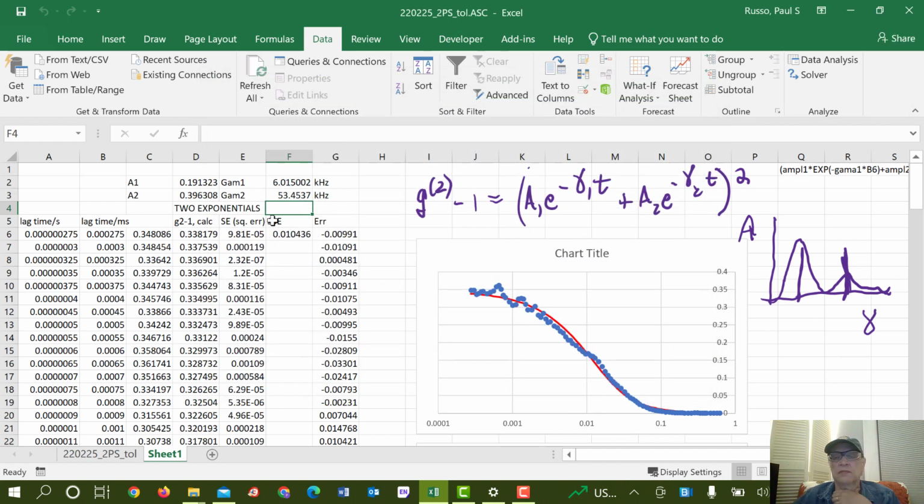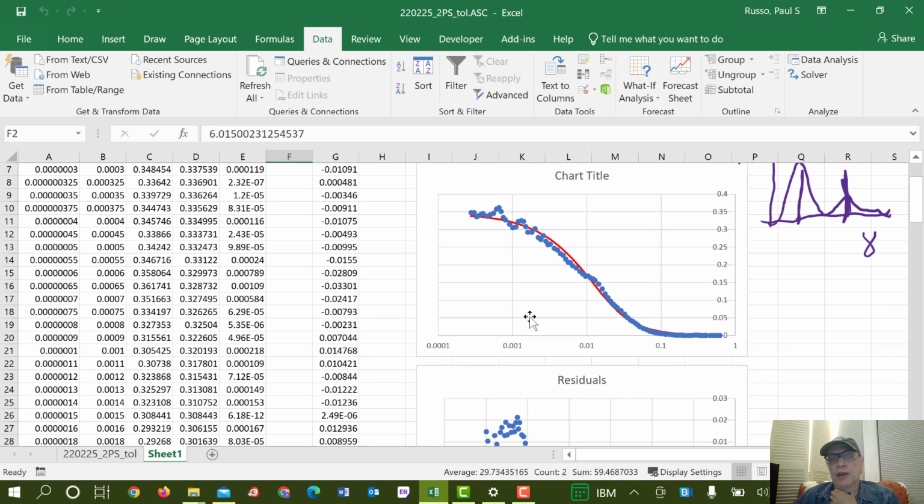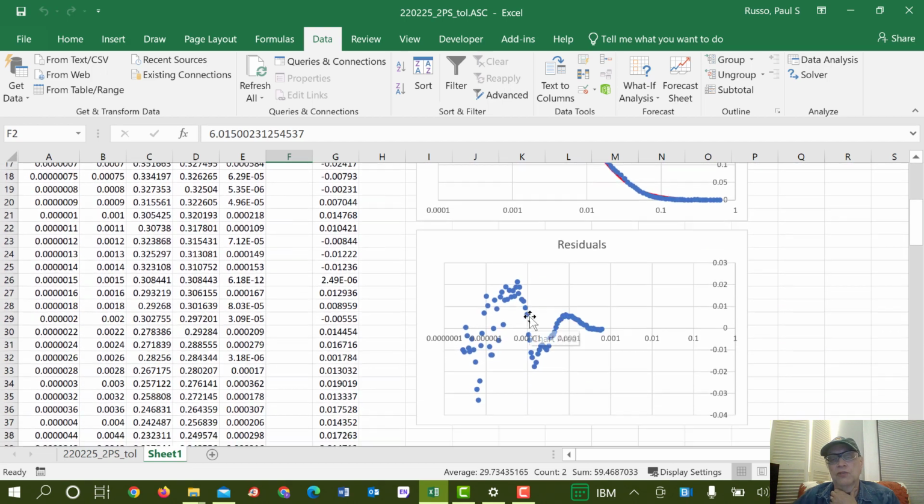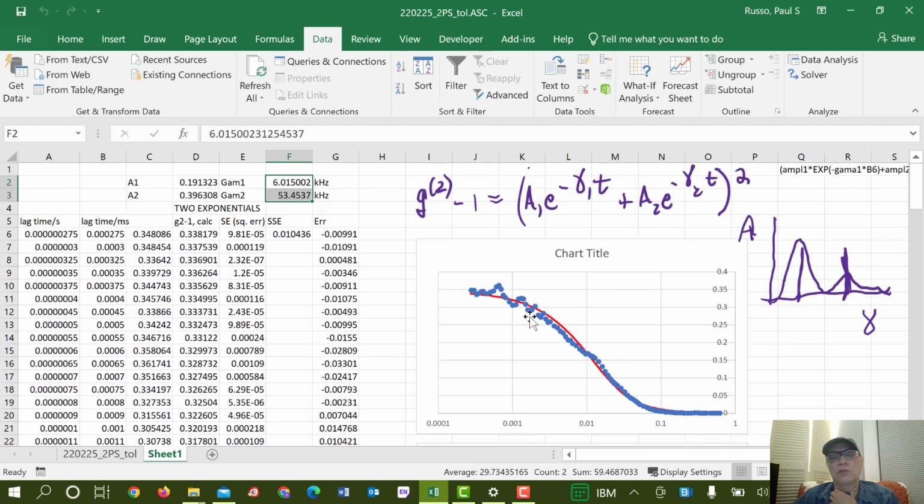However, it's not the same answers quite as it was before. So you're finding that this is a little bit sensitive to the starting guesses. And that would improve if we had quieter data. And what it's telling us is that a number of different solutions can be found that seem to fit the data to within the noise.